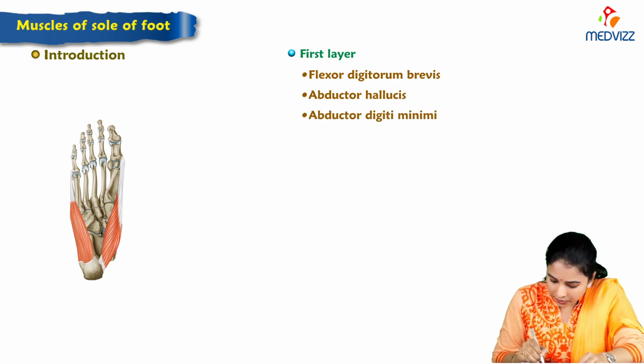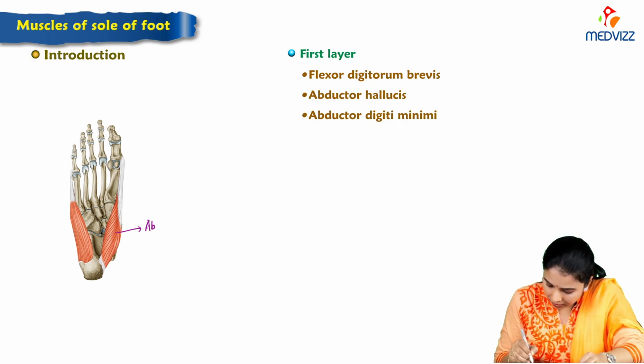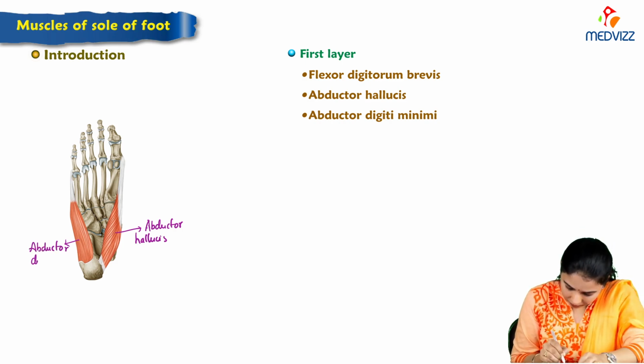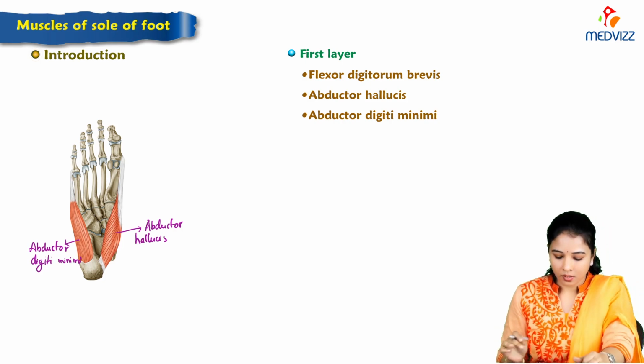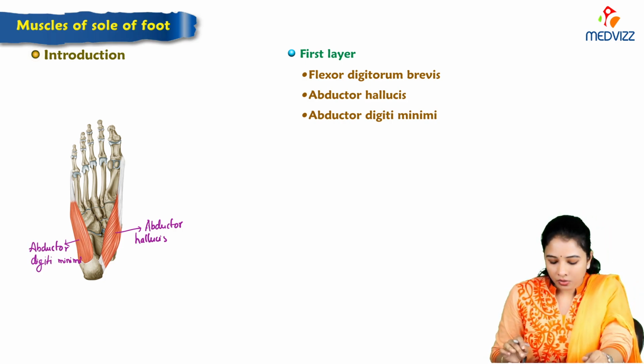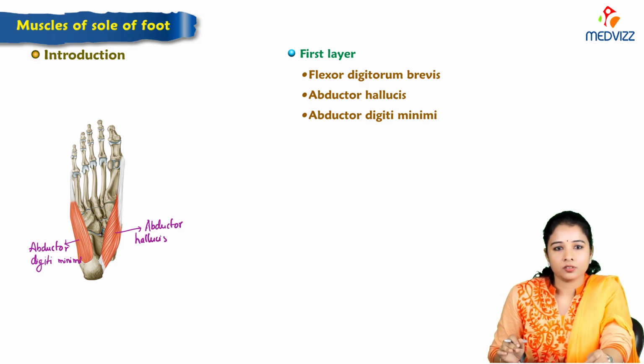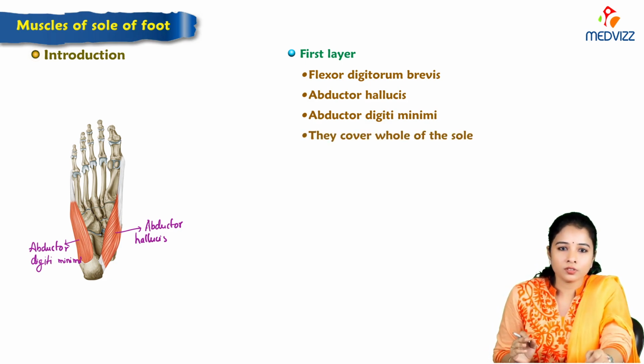Hallucis goes to the great toe. This is abductor digiti minimi. So these 3 muscles are present in the first layer, and they cover the whole of the sole.